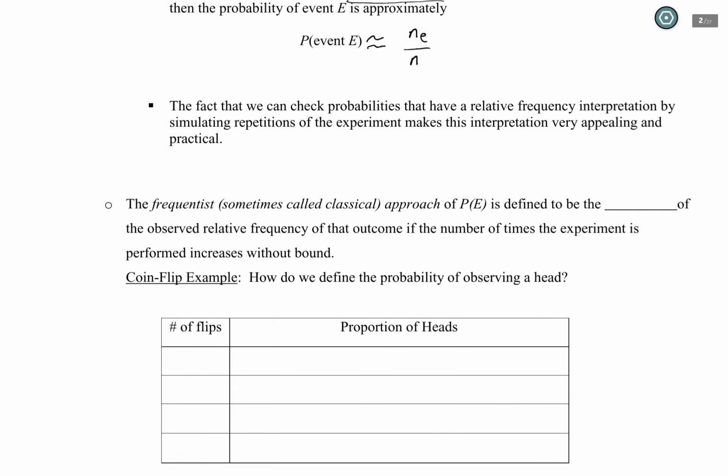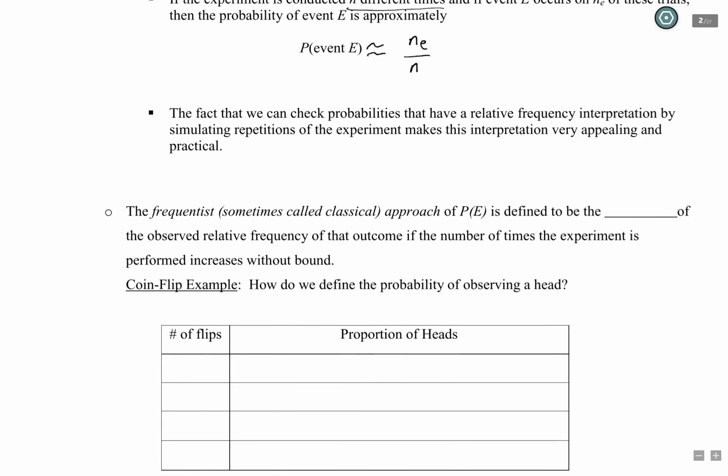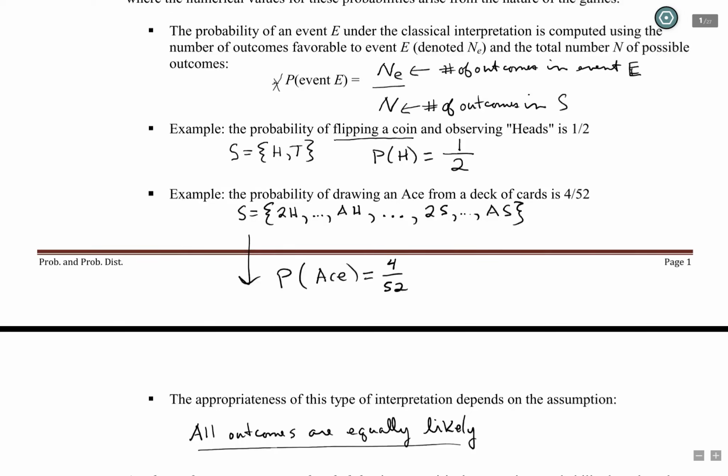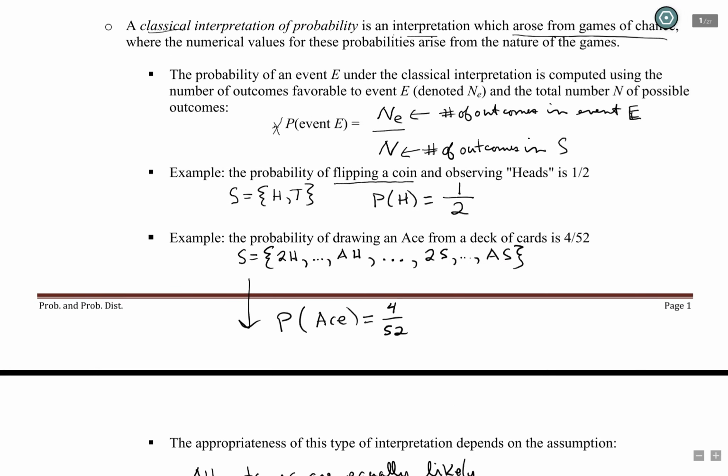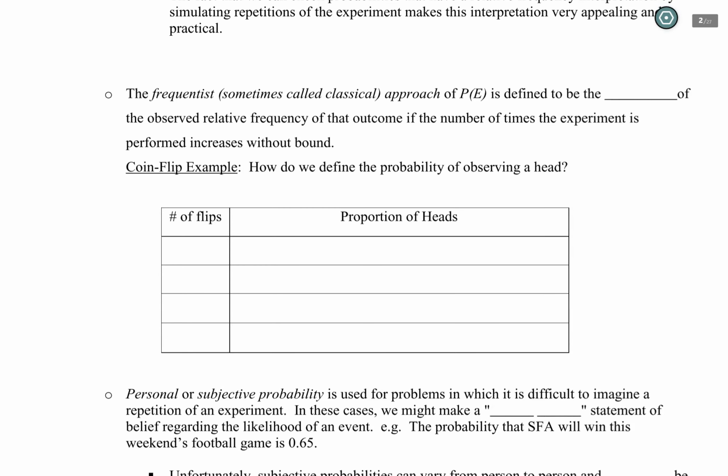Another interpretation is called the frequentist approach, and honestly it's sometimes called the classical approach. I know we had classical up here, but in other circles outside of our text you may hear somebody talk about the classical approach to probability, and they mean the frequentist approach.